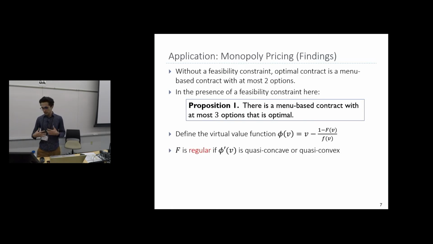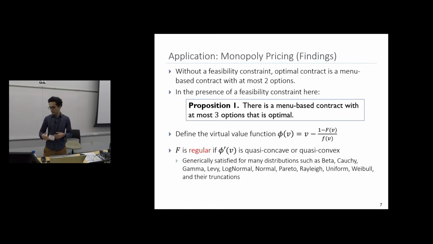We say f is regular, the distribution is regular, if the derivative of the virtual value function is quasi-concave or quasi-convex. So this may look like a complicated condition, but it turns out that it's actually satisfied for many common distributions. I've listed here that we prove that it is satisfied for beta, Pareto, Rayleigh, uniform, and Weibull.